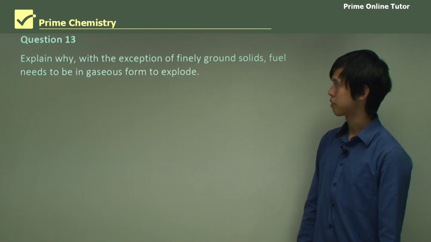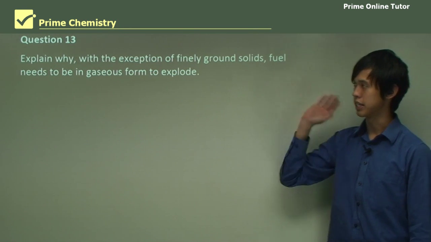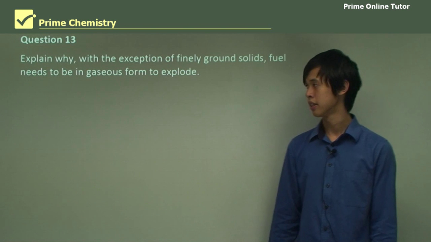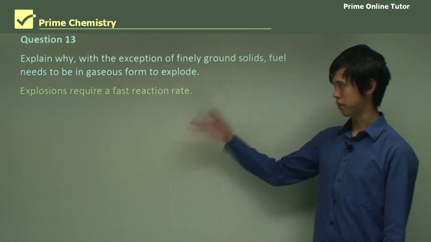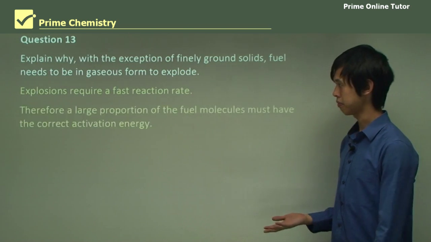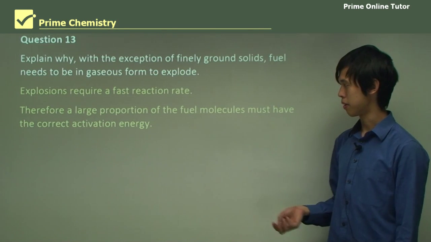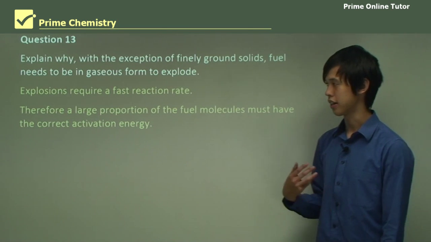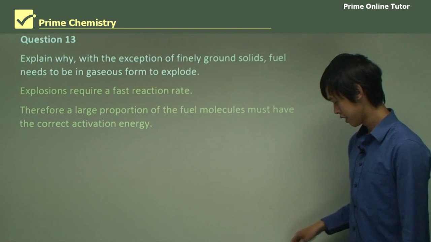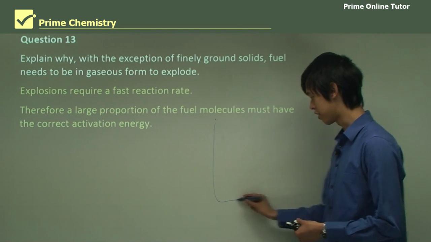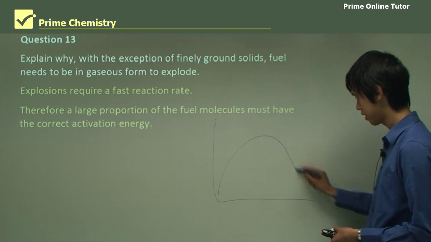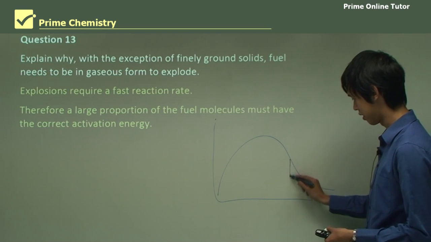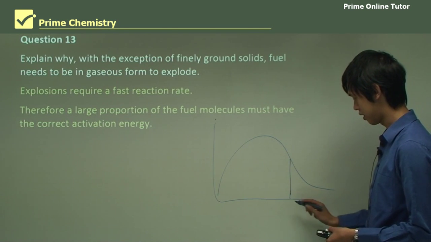Explain why, with the exception of finely ground solids, fuels need to be in gaseous form to explode. Well, explosions require a fast reaction rate. Therefore, a large proportion of the fuel molecules must have the correct activation energy. So remember that the distribution of energy looks sort of like this, where this is the activation energy.